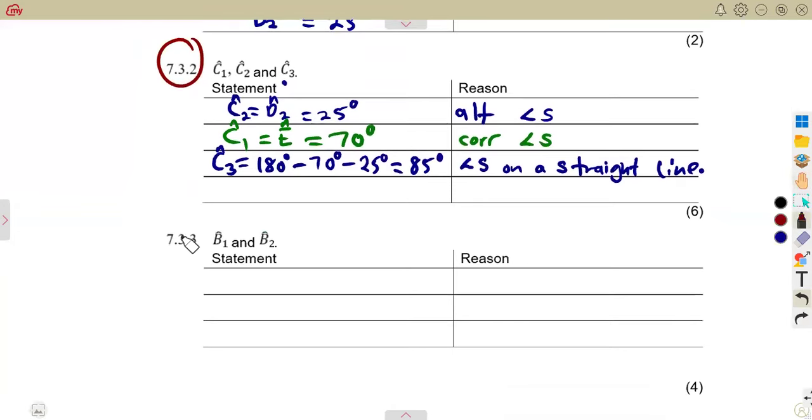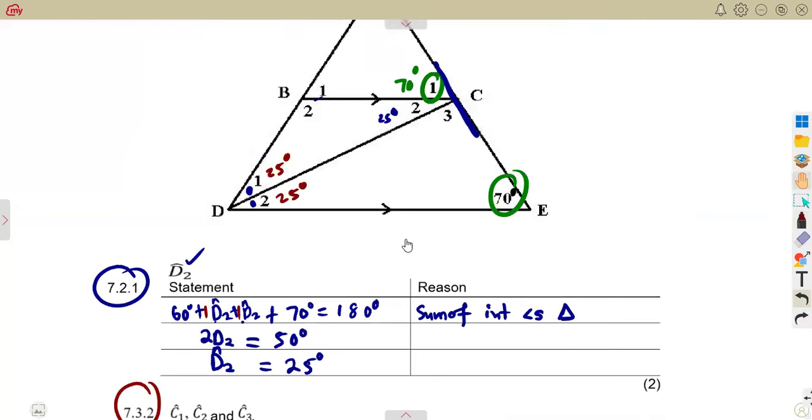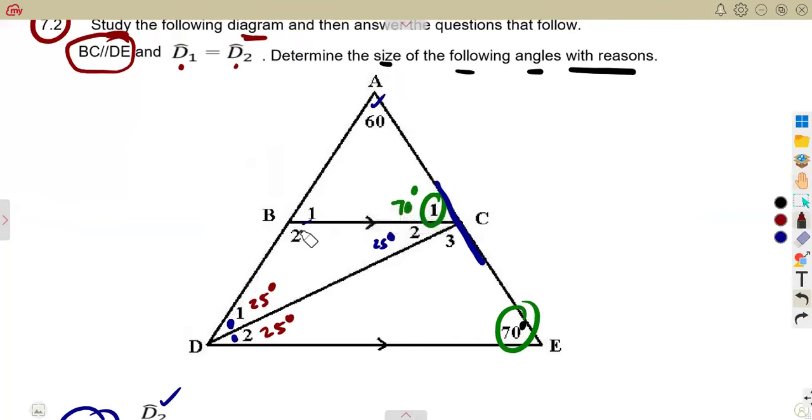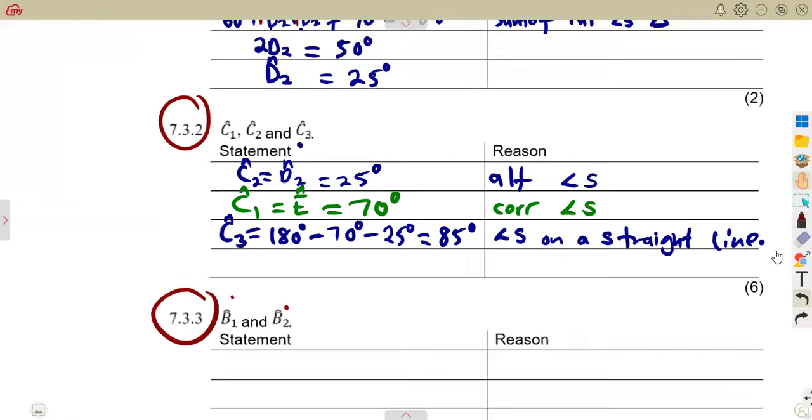Let's see another part, 7.33. Angle B1 and B2. How can we find angle B1 and that other angle B2? All right, angle B1, we can simply consider angles inside of a triangle. Since we have got the 60 and the 70 degrees, we are going to subtract these two from 180 degrees.